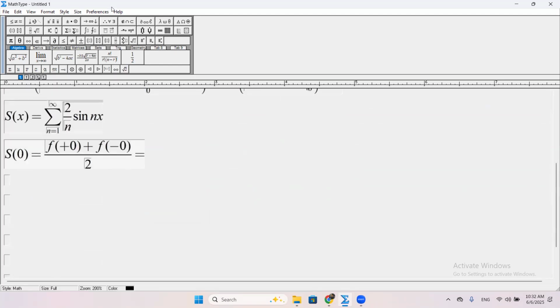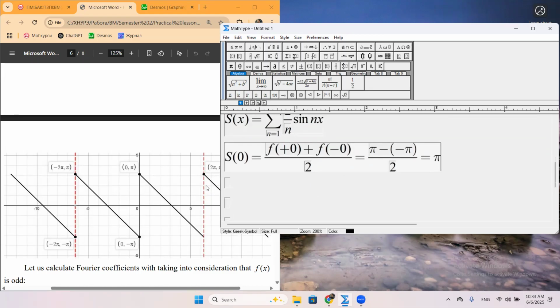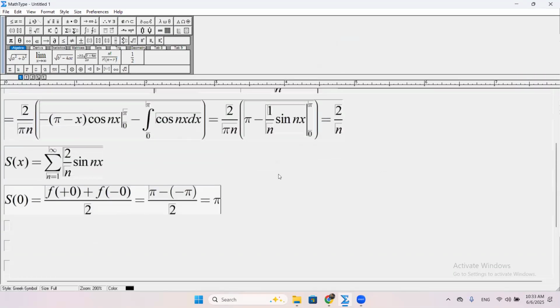So f of plus 0 equals p. f of minus 0 equals minus p. So over 2, and the answer will be p. Actually, in other discontinuity points, it has the same value. So that's all for this exercise. Any questions?